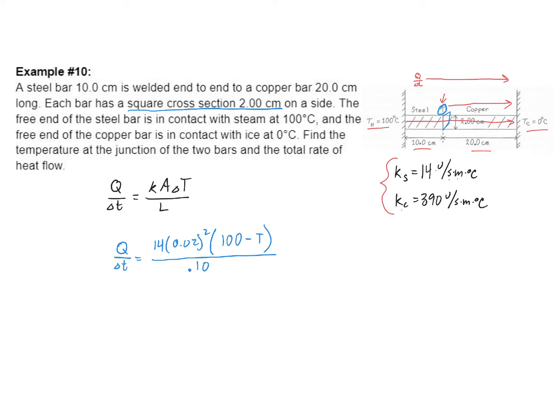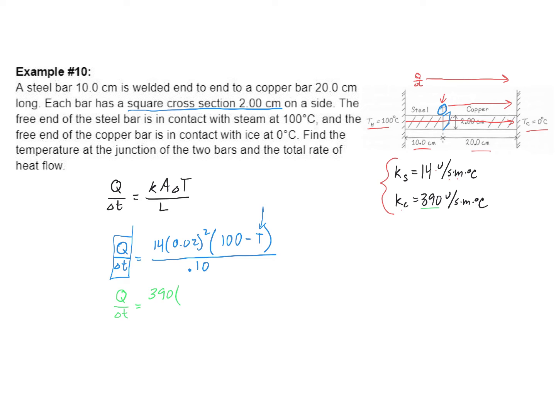Now, at the same time, we actually have two variables here, right? You have the heat transfer rate, and you have the temperature at that T. So it would be nice if we have another equation. So let's do the same thing now for copper. We're going to go Q over delta T. The heat transfer coefficient for copper is 390.